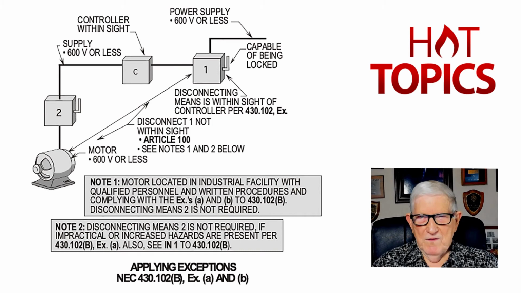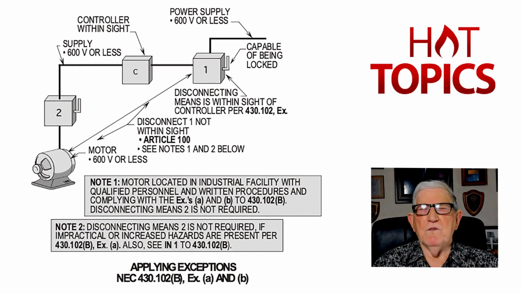And so this notes where we could lock and tag out the disconnect, and if it's within sight of the controller, maybe in an MCC, for example, we wouldn't have to have disconnect 2, but disconnect 2 may be required to be put there because the owner and supervision require a local disconnect within 50 feet of the motor, bird's eye view, route of travel, as Article 100 defines in sight, within sight, and so forth.